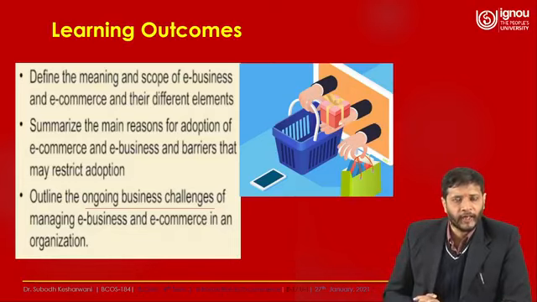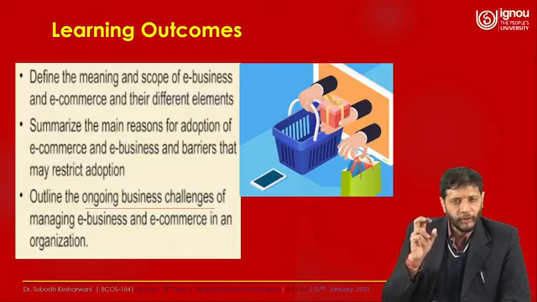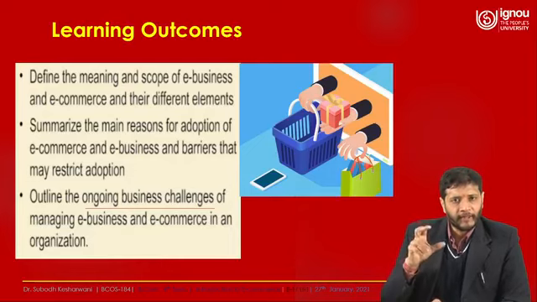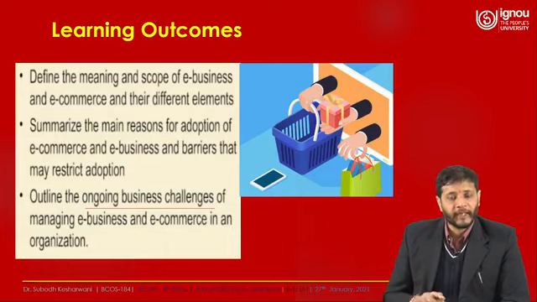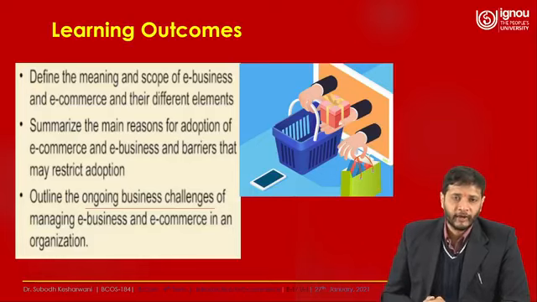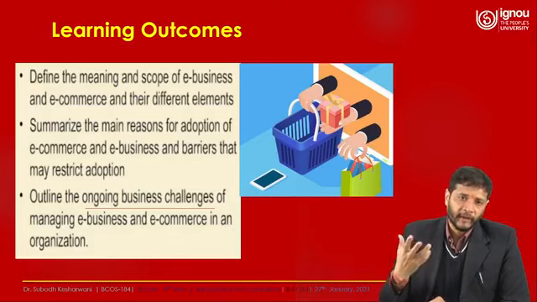Now we are talking about the learning outcomes. We are going to define the meaning and scope of e-business and e-commerce and its different elements, and summarize the main reasons for adoption of e-commerce and e-business, and the barriers that may restrict it. Because when a new concept, new philosophy, new thought comes, it does not always have only advantages.